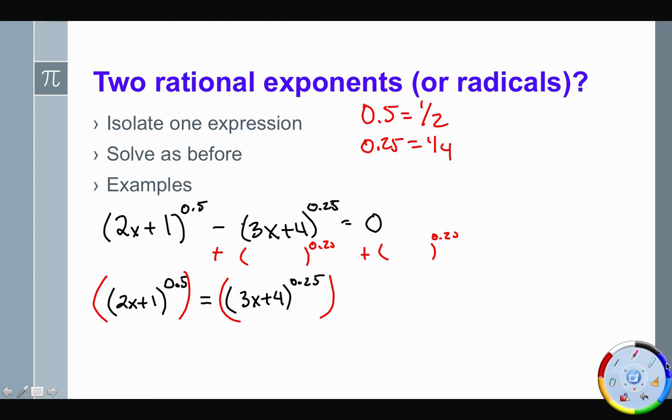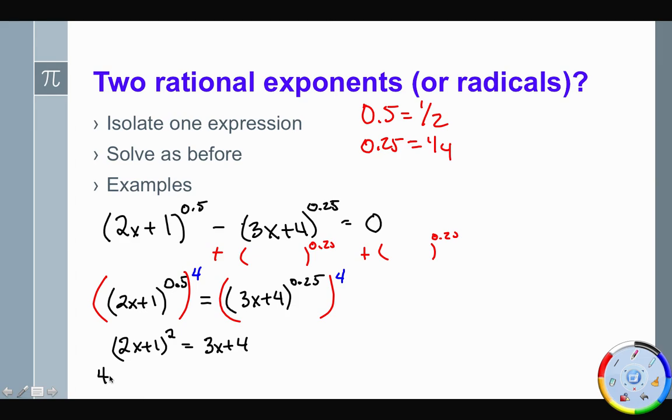If I raised both sides to the 4th power, notice here we're going to get 2x plus 1 squared, since 0.5 times 4 is 2. And over here we get 3x plus 4, and 0.25 times 4 is 1, so it just becomes 3x plus 4. But notice again, we have something squared which requires us to FOIL.